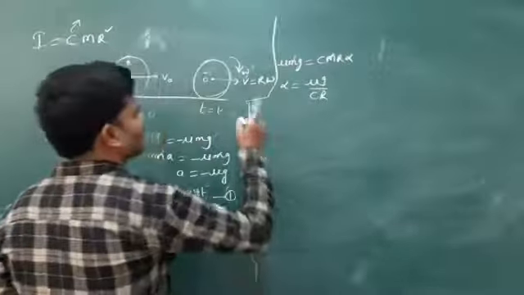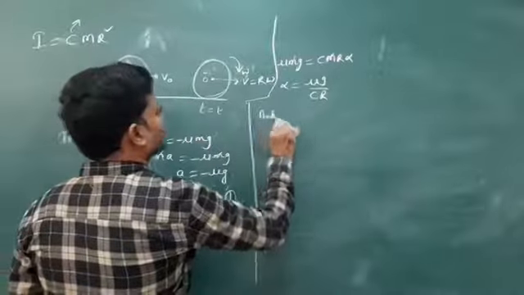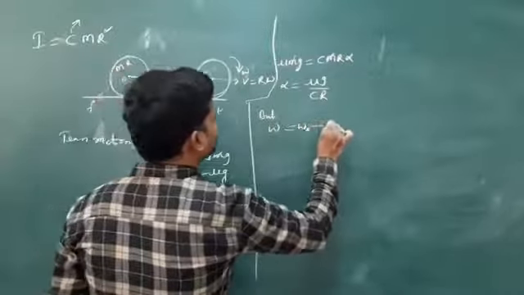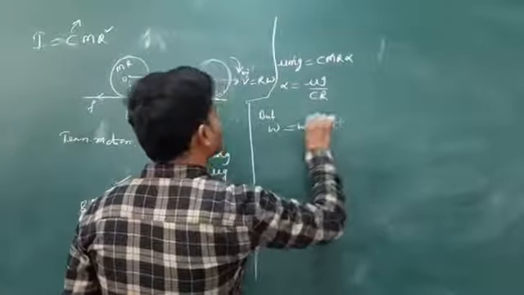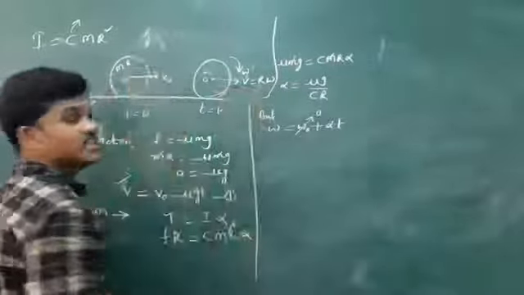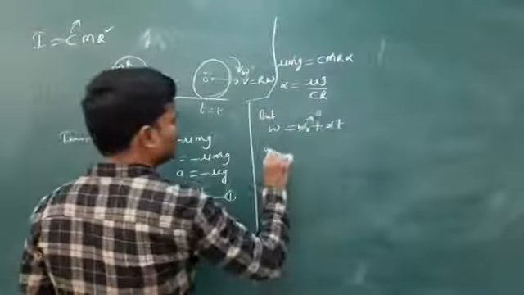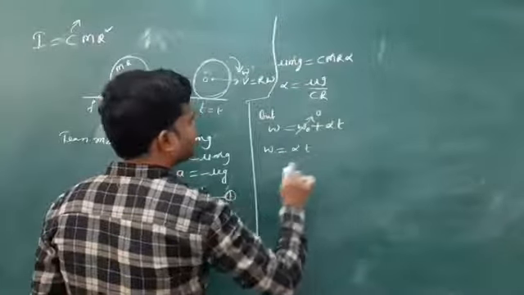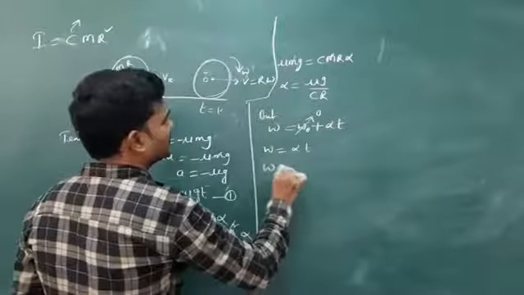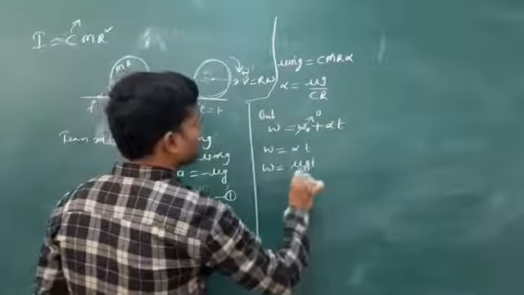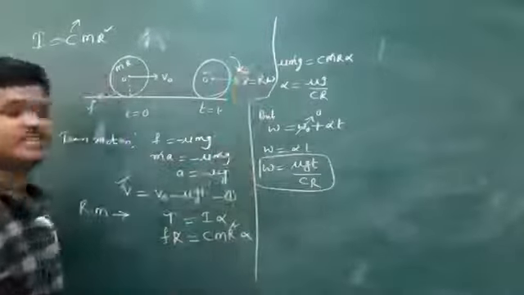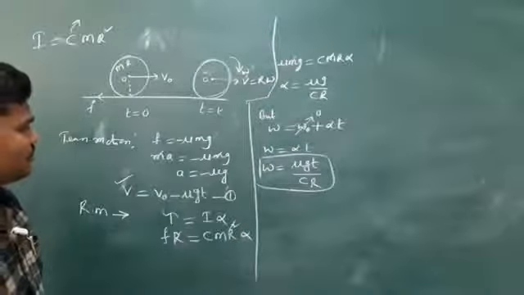So we got alpha, but angular velocity omega we can write as omega naught plus alpha t, but omega naught is going to be 0 at the start. It is moving with a linear speed, so this becomes 0. Omega is equal to alpha t. So omega we can write as mu g t by C r. So I got the angular speed after a time t.